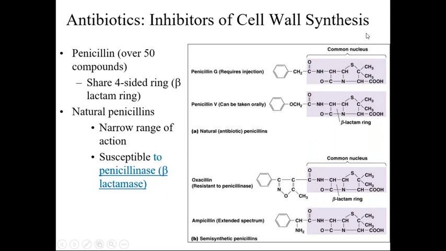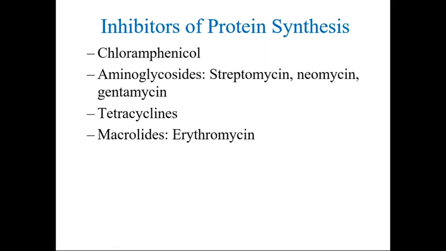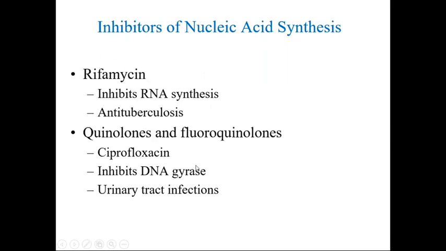It inhibits cell wall synthesis. Then you have others such as cephalosporin, bacitracin, vancomycin, which also have a nucleus similar to the beta lactam ring.